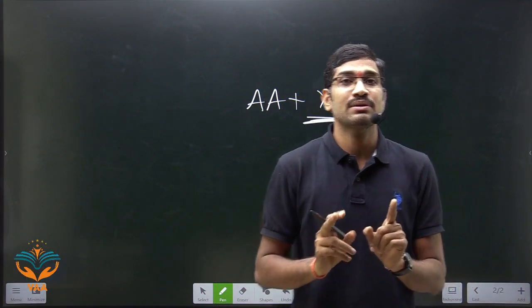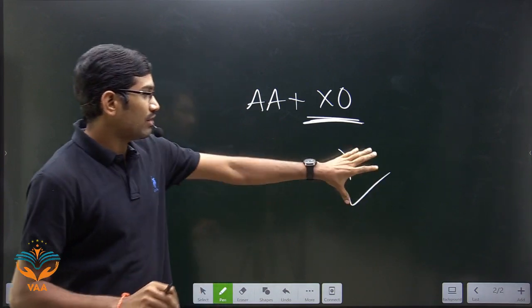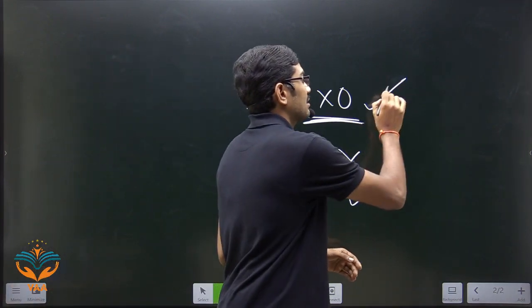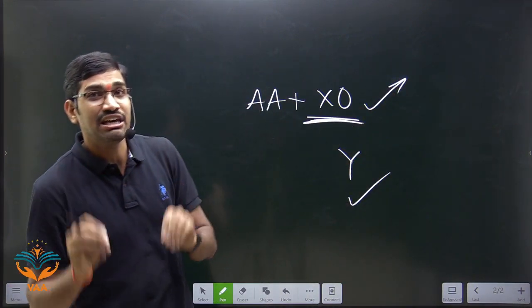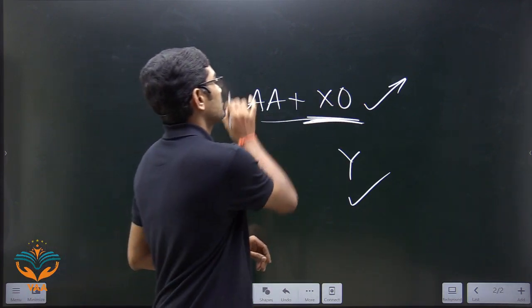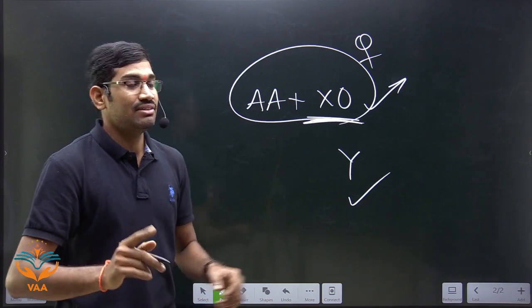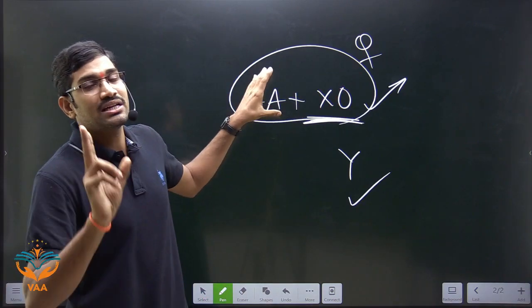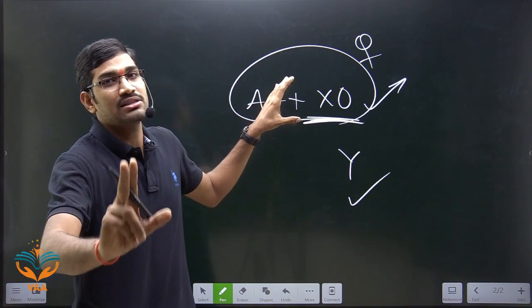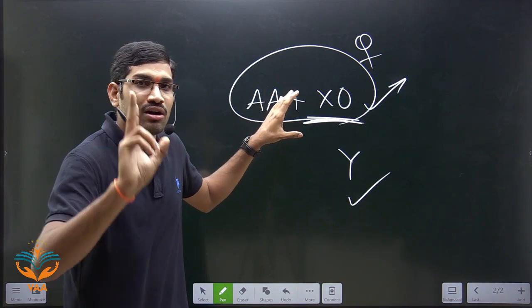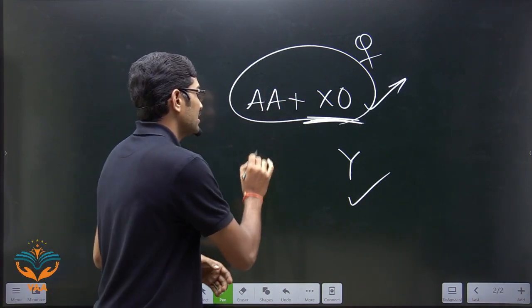Please remember this concept. Here, absence of Y chromosome will automatically or by default the fetus will develop into the female. Please remember, this is very important. So that is the reason why Turner syndrome is seen always in females. Whereas Klinefelter syndrome.